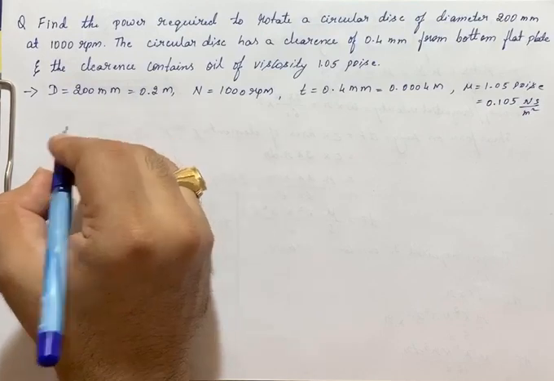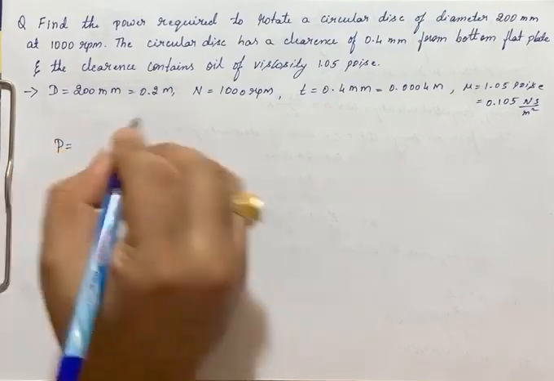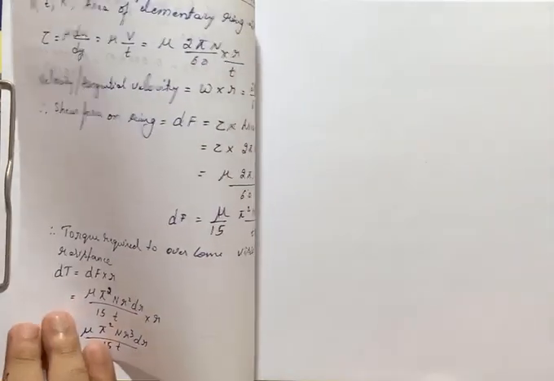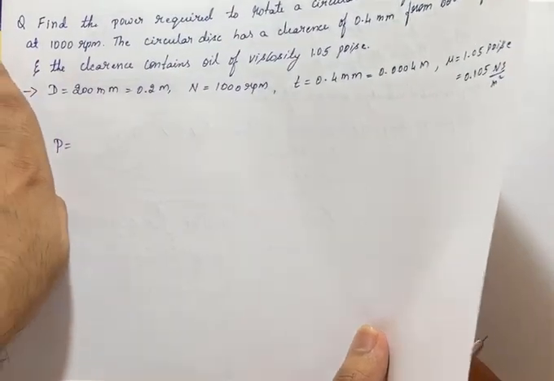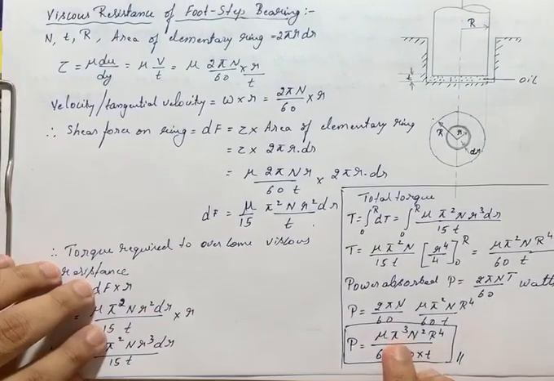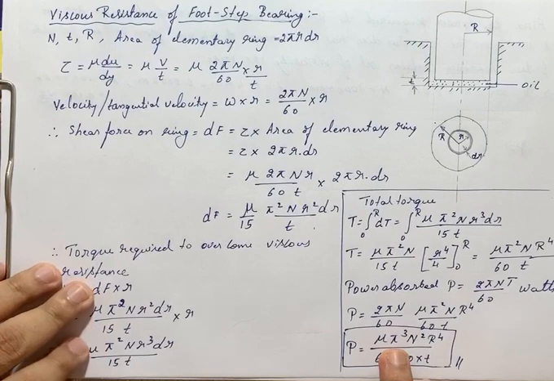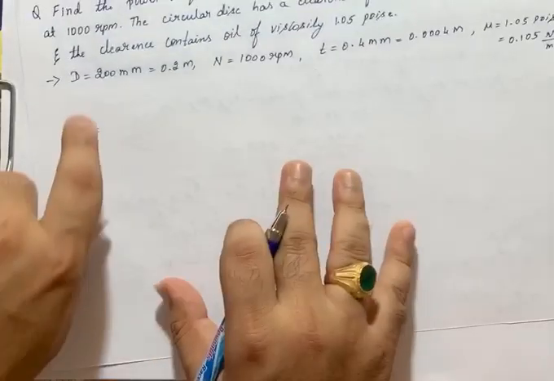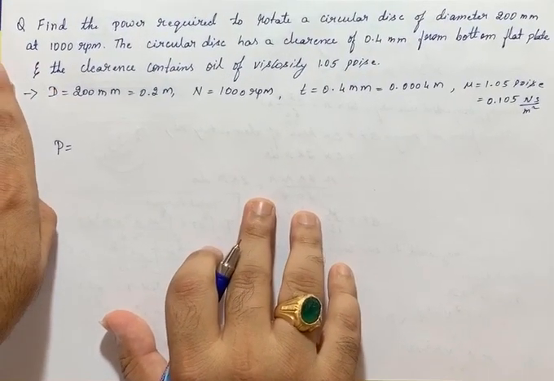Now for power absorbed, we have the direct formula we found just now: P is equal to mu pi cube n square r raised to 4 divided by 60 into 30 into t. We shall substitute that formula directly.